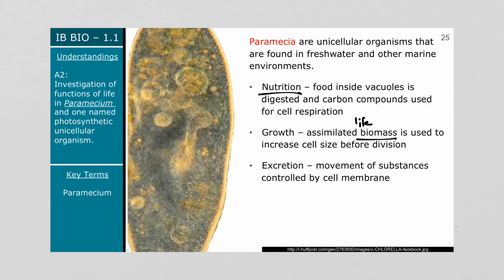So biomass is assimilated biomass, so how much space does this living thing take up? And that is used biomass, so the different biological or organic macromolecules are used to increase the size before the cell divides. Excretion, for us, this is what we do in the restroom. For paramecia, they move substances out through the cell membrane. They move waste in that way.